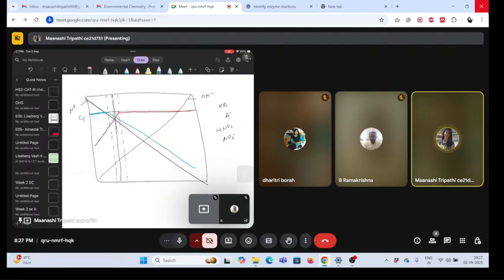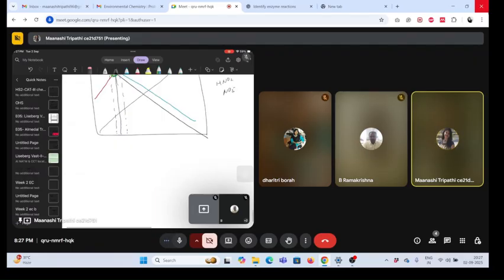So we have OH. We will stop here. Then we have to add NO2. So we will add NO2. NO2 is continuing till this side. Here it is cutting our H plus line. So this point is our equivalence point. So this is how we will solve one more question. Then we'll see.